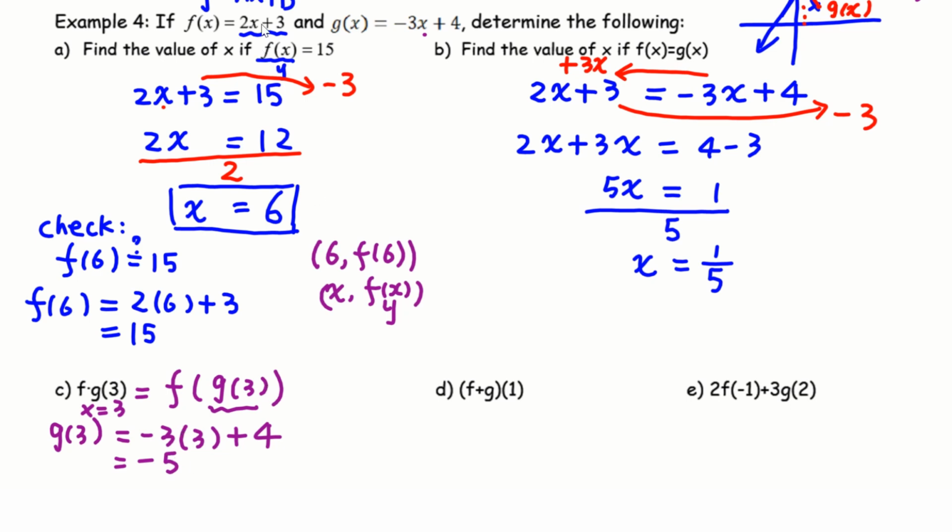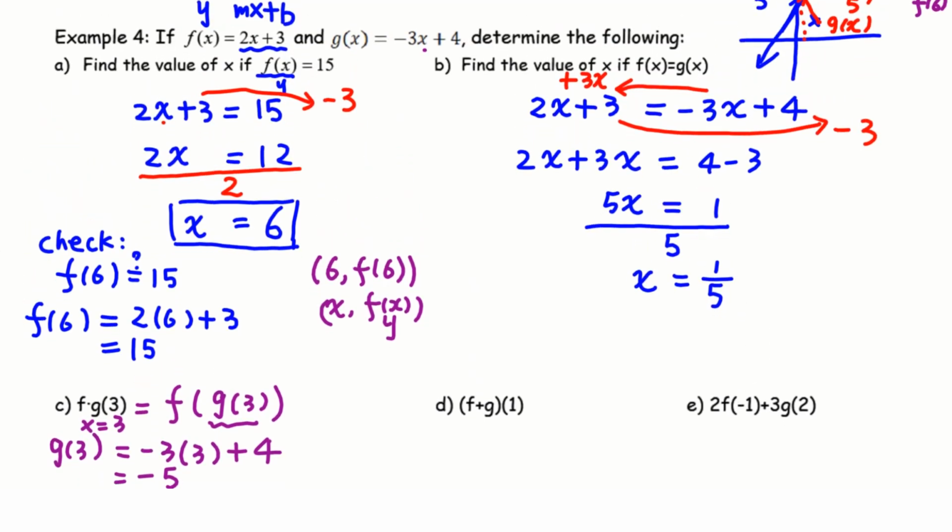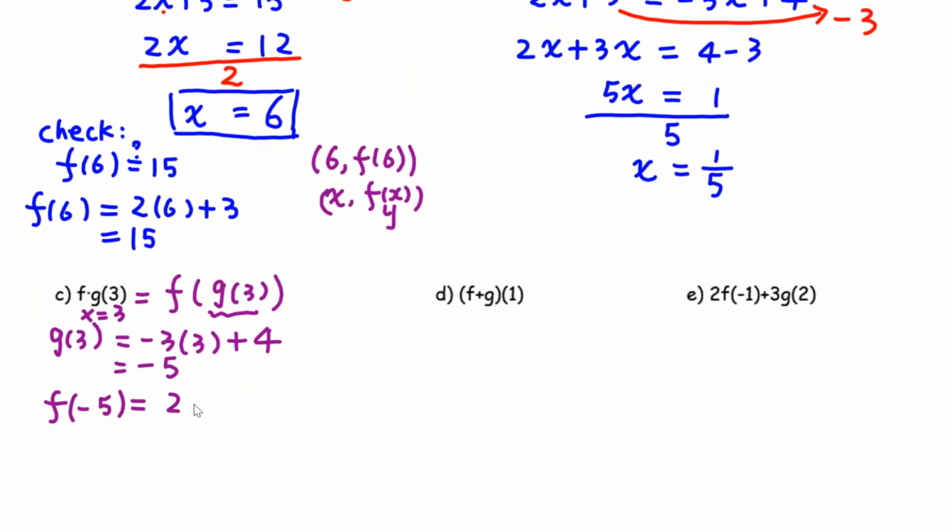Then we substitute negative 5 into function f at x. So f at negative 5 equals 2 times negative 5, then plus 3. The reason is f at x is 2x plus 3.